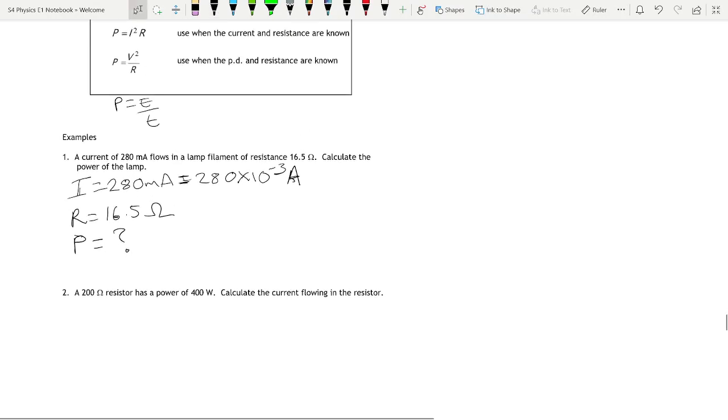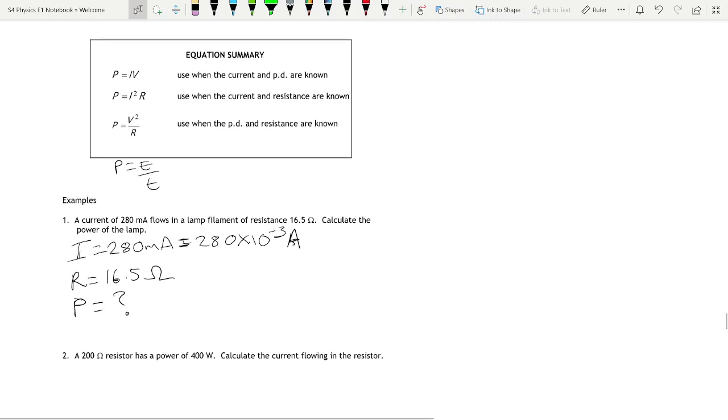Okay, so then you look at those equations. Which one do I use? I've got an I, an R, and a P. Which one of those equations only has I, R, and P? This one, P, I, and R. So we'll use P equals I squared R. So we're finding P. I is 280 times 10 to the minus 3, and it's squared.